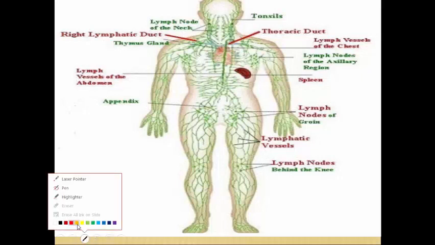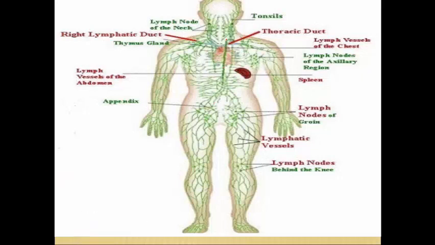This lymph is spread throughout the body, right from the top of your head to the bottom of your leg. Throughout the body this lymph is moving, right? This lymphatic system has lymph nodes, that are the nodes.